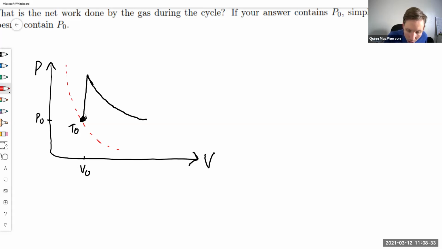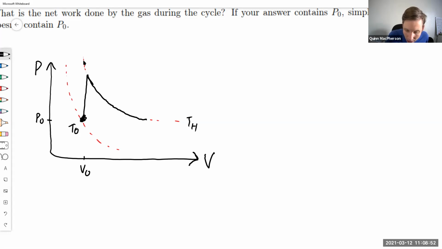So this first dashed curve here is the constant temperature curve, T initial. We don't follow it or anything. I'm just drawing it there for reference. This is the constant temperature at T hot.